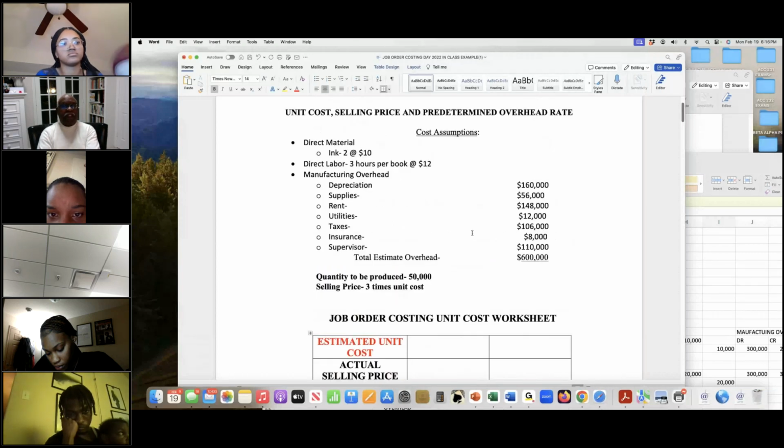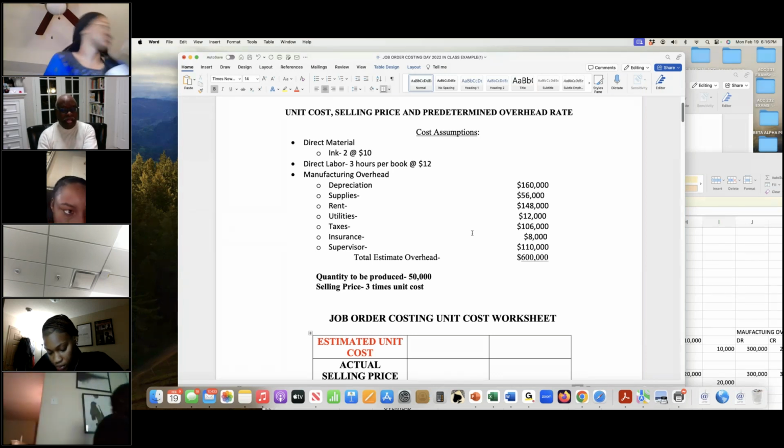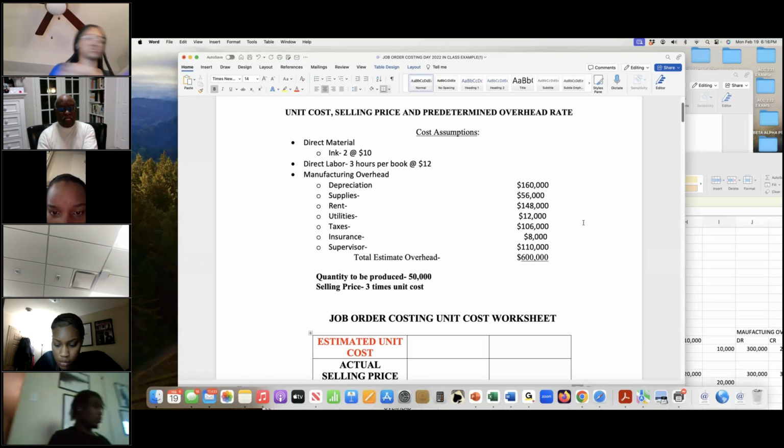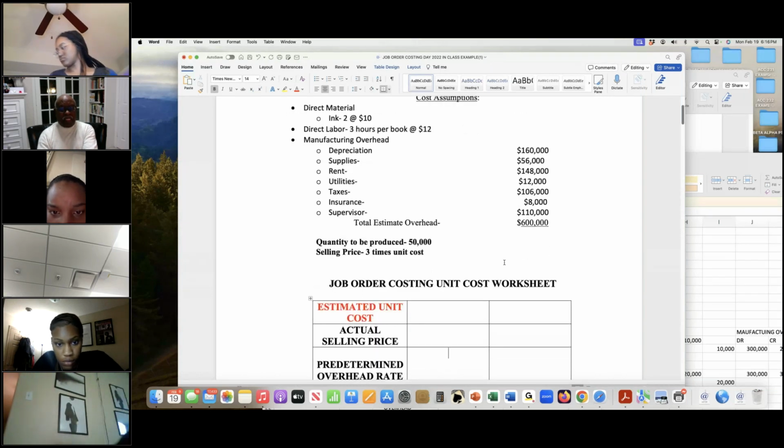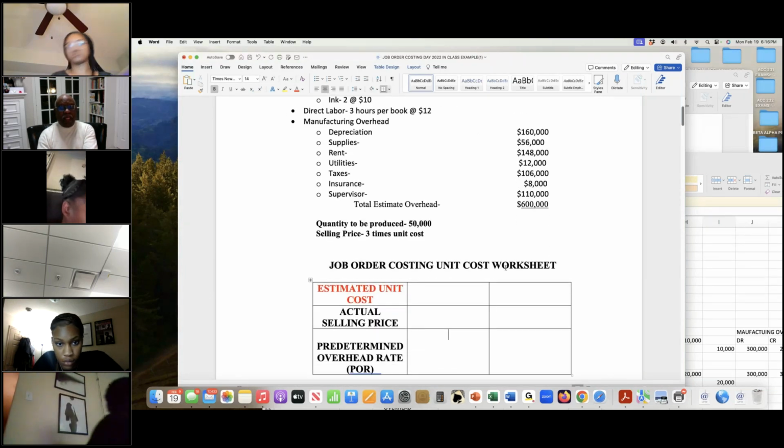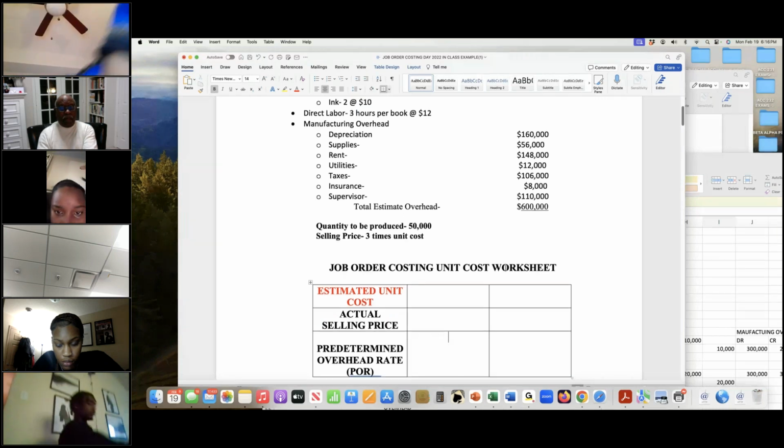We only have one raw material. We have our labor, and we have our total estimated overhead. So take 5 minutes and see if you can calculate estimated unit cost, selling price, and POR in this simple example.